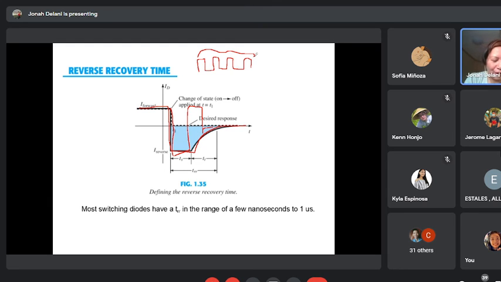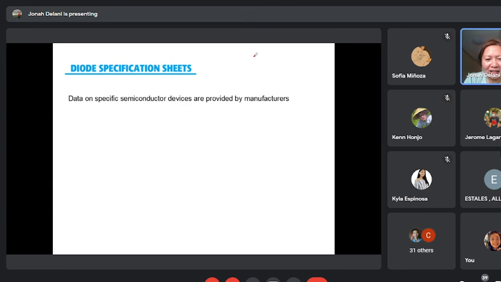So if our component is an ordinary diode, there are special types of diodes for high frequency such that they also have a very good frequency response. Anyway, that's a limitation of a diode, or actually not a limitation. It's just that it is a physical entity. That is one factor that we have to consider also.